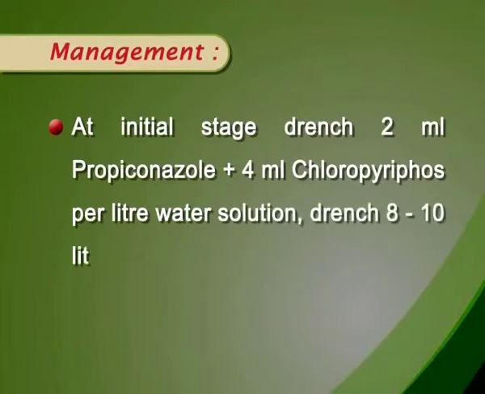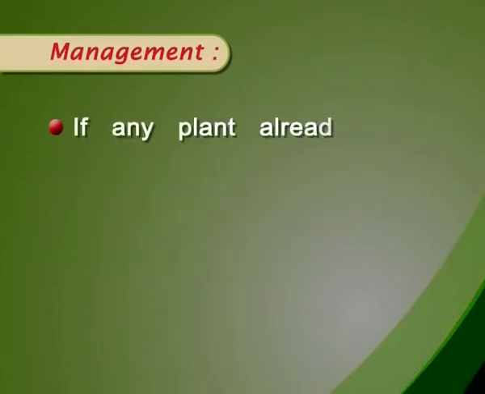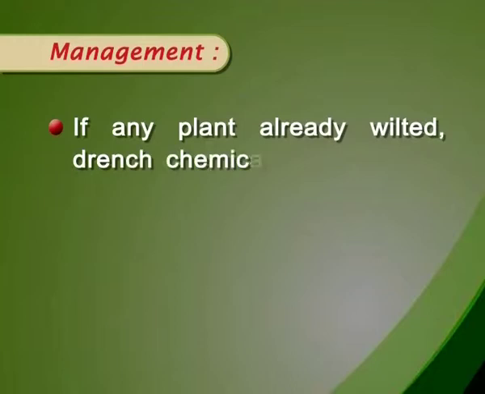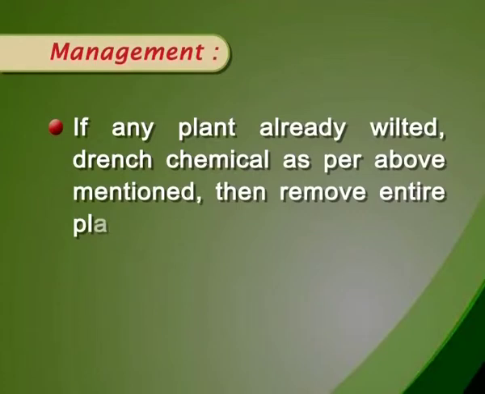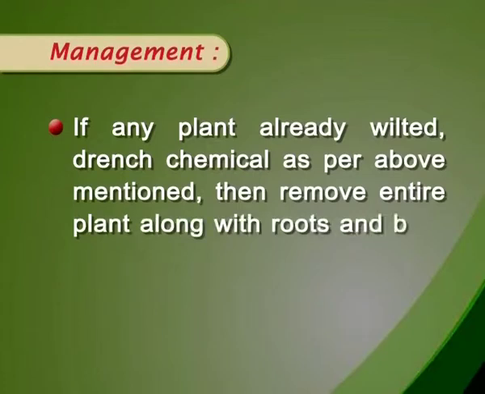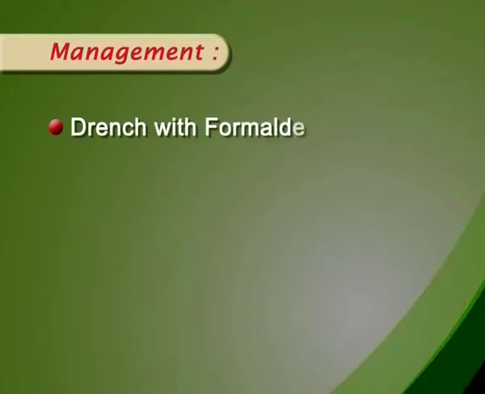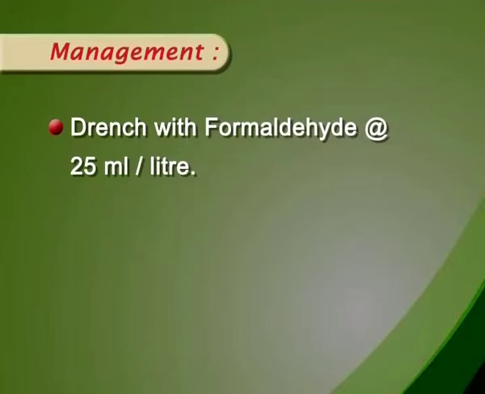Drench 8 to 10 liters of solution per tree. If any plant has already wilted, drench chemical as mentioned above, then remove the entire plant along with roots and burn it. Drenching with formaldehyde, Aderate at 25 ml per liter is also recommended.